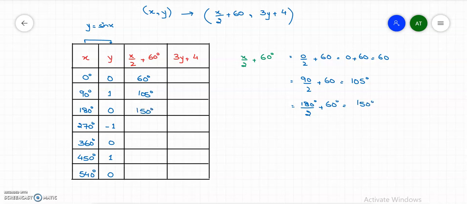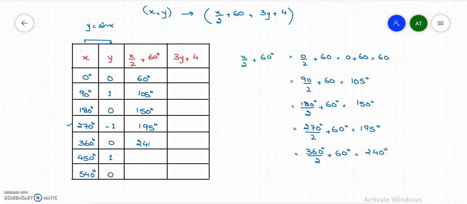The fourth x value is 270, so 270 degrees divided by 2 plus 60 degrees equals 195 degrees, right? The next is 360. When x is 360 degrees, we divide by 2 and then add 60 degrees, which equals 240 degrees.